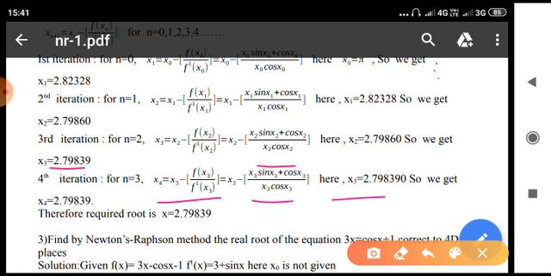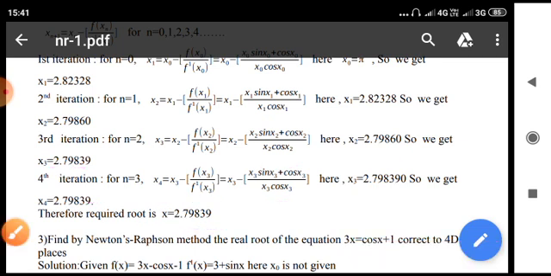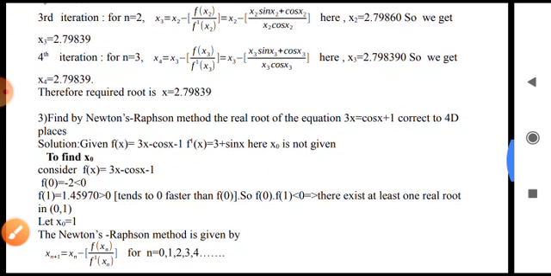So we get x4 as 2.79839. Therefore the required root is x is equal to 2.79839, correct to 4 decimal places. Now the next problem.